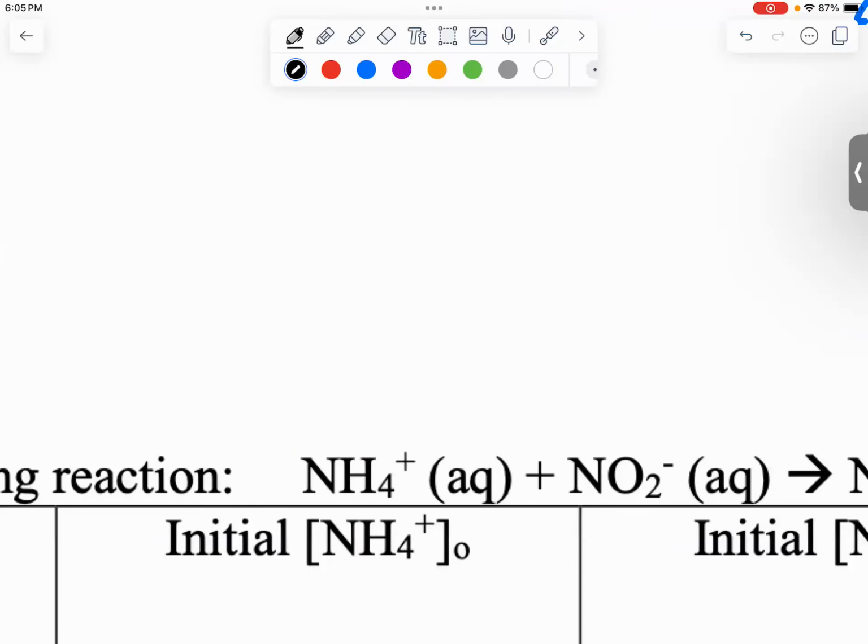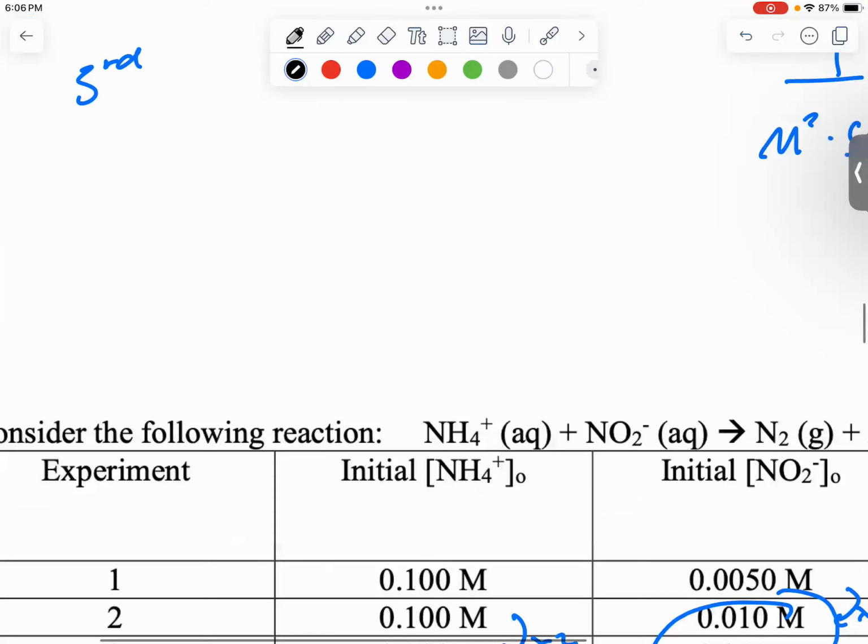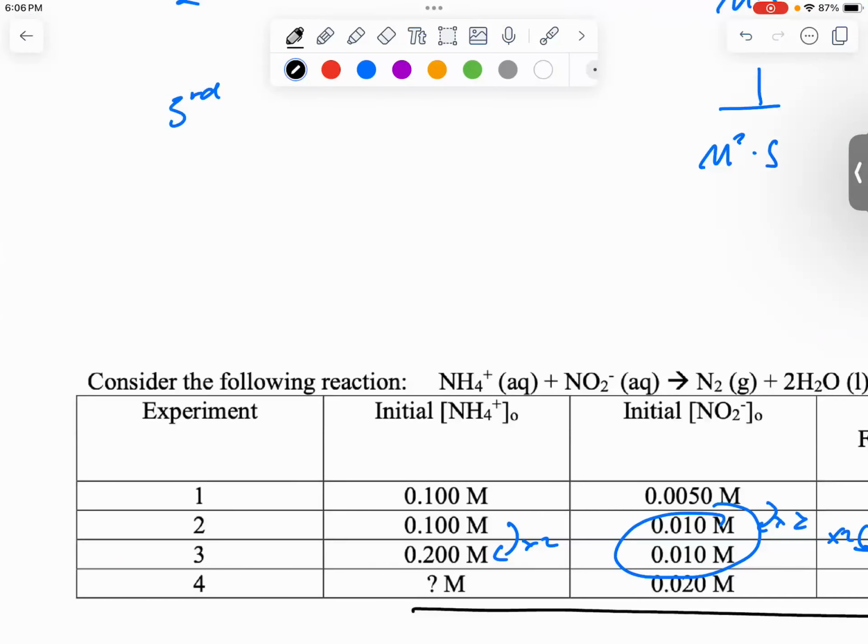Now I'm not saying don't do that. I'm saying that you can only do it in one specific situation, and that is, the question has to mention that the reaction given is an elementary step.